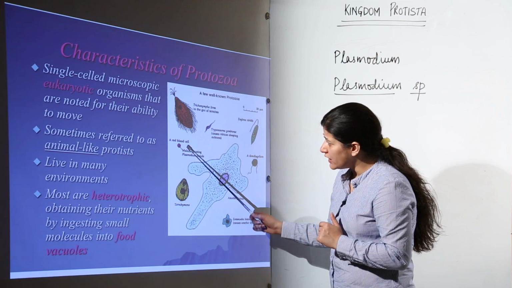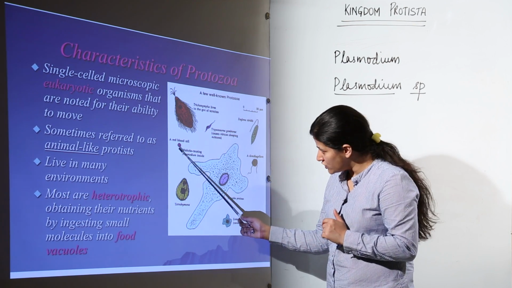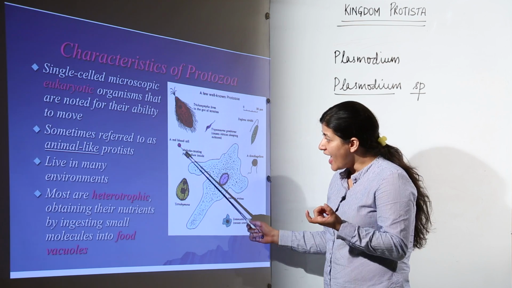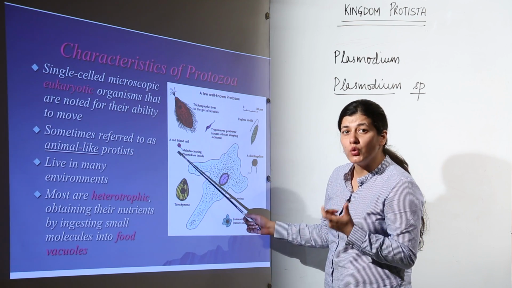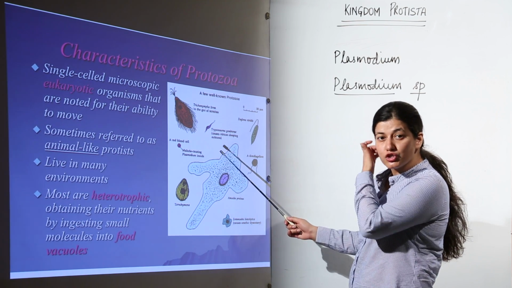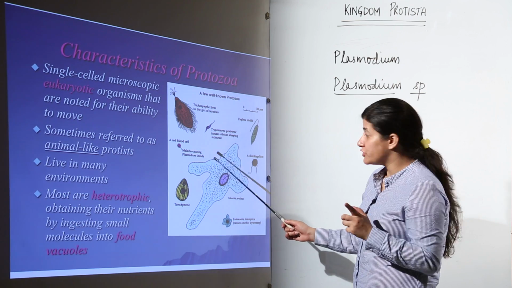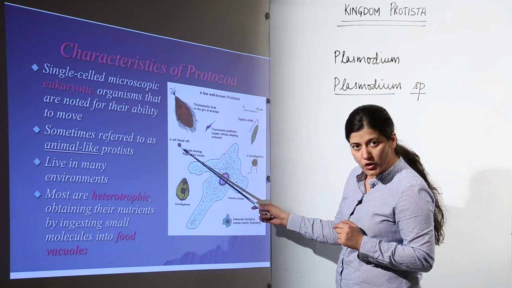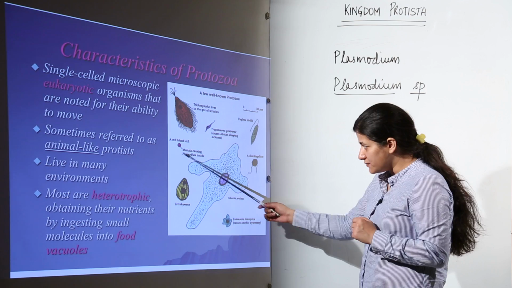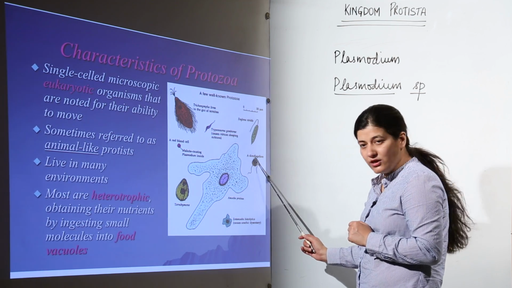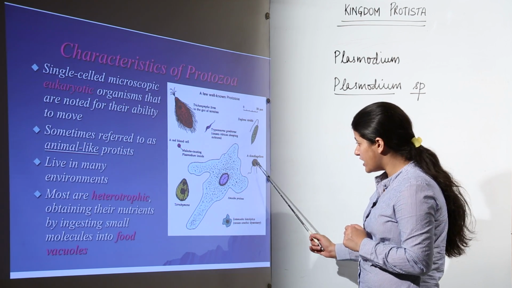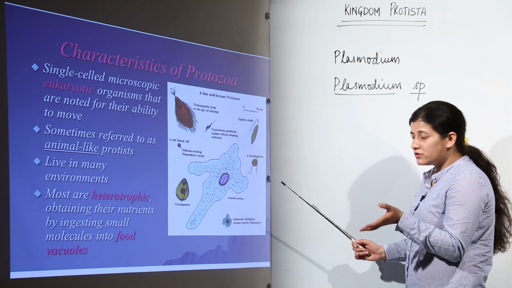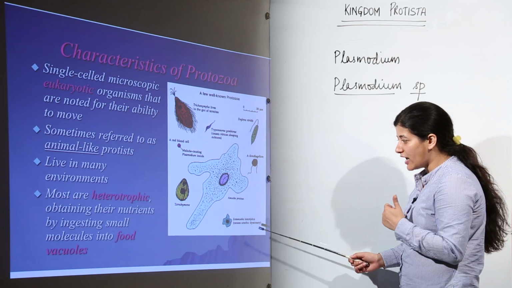Now you see over here, this is a red blood cell, so small in size, and inside it there is Plasmodium. Plasmodium is a sporozoan which is responsible for causing malaria in human beings. So such a small organism and such a huge organism, see the difference. Then we have a dinoflagellate, which we discussed in the beginning as part of kingdom Protista.